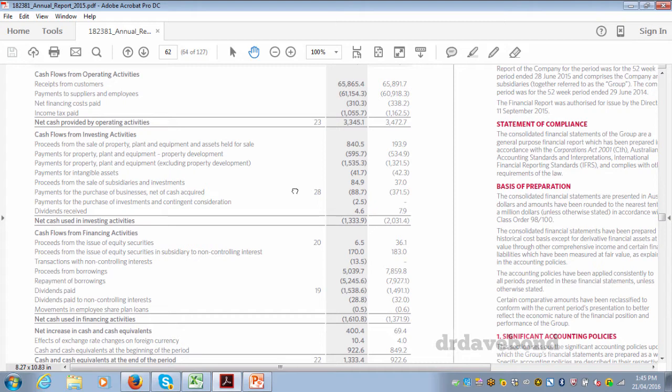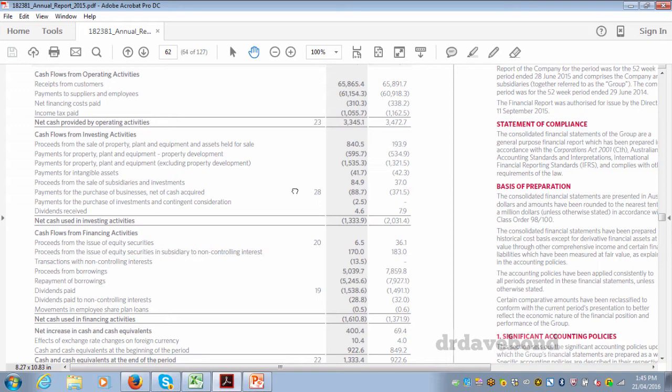Cash flow from operations was positive about 3.3, cash flow from investments negative about 1.3, and cash flow from financing negative about 1.6. In terms of the net cash inflows, it was about $400 million, which you can see. So we understand them a little bit more.